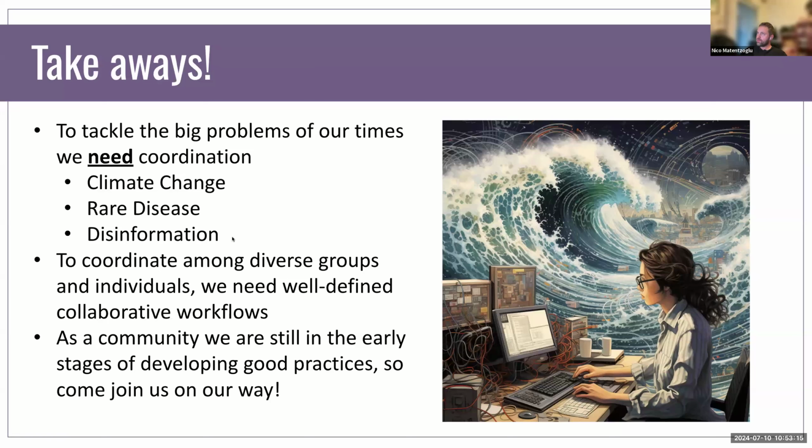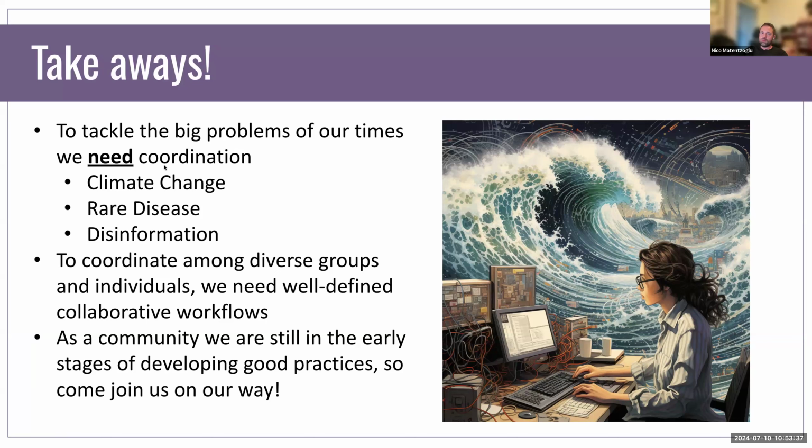All right, so the main takeaway is if we want to tackle big problems, like for example, what OBO is trying to do, creating a huge integrated web of knowledge of all things biological and biomedical to tackle big problems in a global setting, we do need to coordinate.